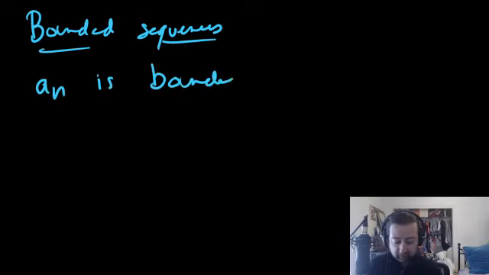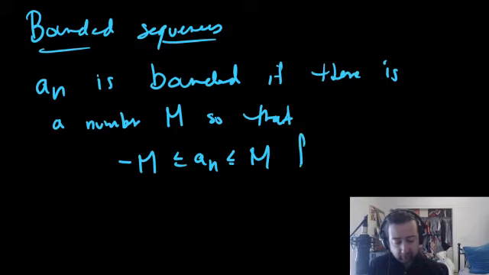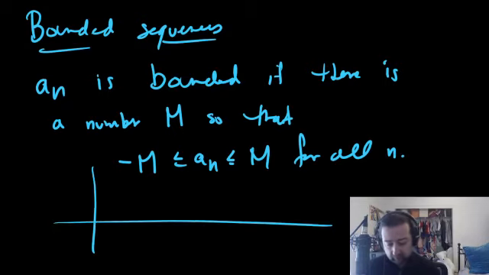I'm going to use a slightly different definition than the book, because they talk about bounded above and bounded below, which don't matter so much in this class. But a_n is bounded if there is a number m so that -m is less than or equal to a_n, which is less than or equal to m for all n. So every single thing in the sequence is squeezed between these two values. The picture of that looks like this. You have m and you have -m.